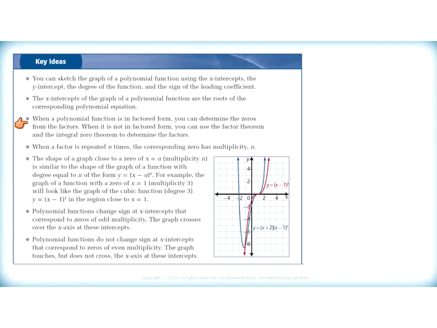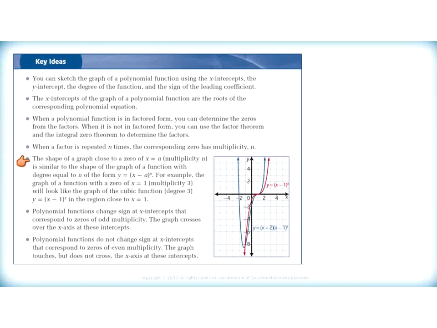When a polynomial function is in factored form, you can determine the zeros from the factors. When it is not in factored form, you can use the factor theorem and the integral zero theorem to determine the factors. When a factor is repeated n times, the corresponding zero has a multiplicity of n.